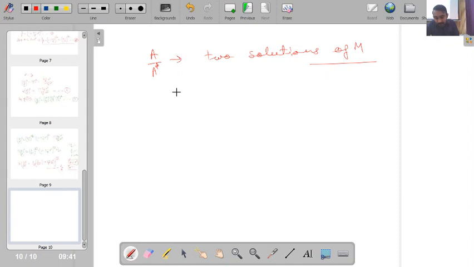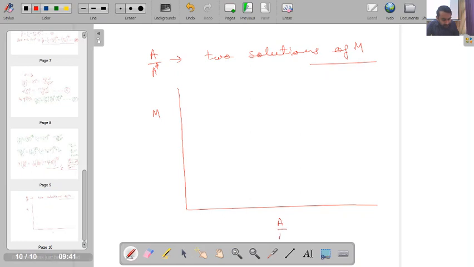So now if I plot the variation of M as a function of A by A star, then at A by A star equal to 1, at this point, I will be having Mach number of 1.